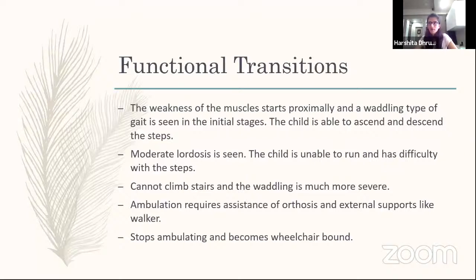So apart from this, there are a few typical postural changes which are seen, such as increased lordosis. There is hyperlordotic posture, and to compensate for it, the shoulders go into retraction because the child wants to maintain his COG within his base of support. So he will try to avoid the risk of fall.